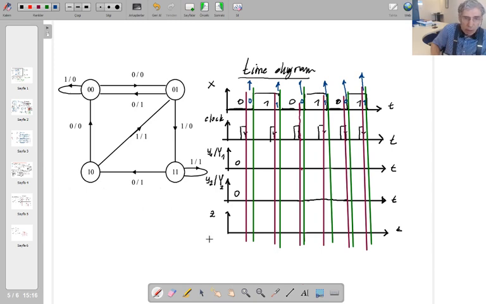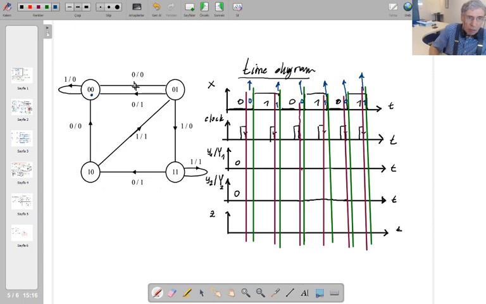Now, let's come back. For this input, what's going to be the state changes? Let me draw it now. Since the initial state is 0, 0, I am here in this state. So the clock pulse comes when the input is 0. Clock pulse comes at that state when the input is 0.